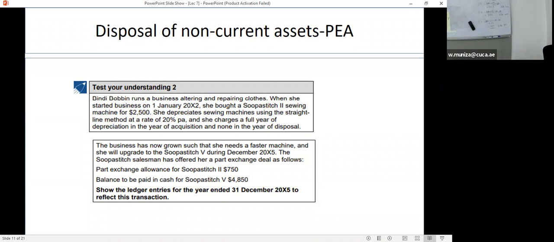Accounting entry: debit depreciation expense account, credit accumulated depreciation account. How much depreciation? 20% straight line, 2,500 multiplied by 20%. 500 it will be.